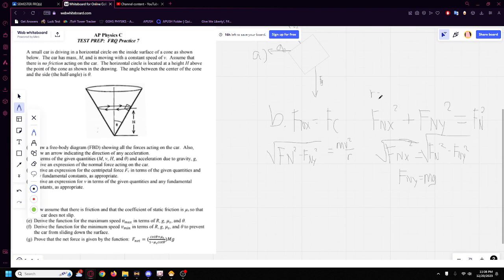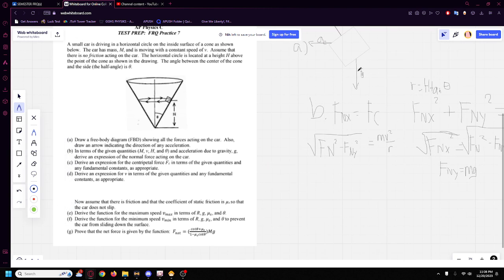r is equal to h tan theta, because r is here and h is here, so if you divide h by cosine and multiply by sine, you get here.